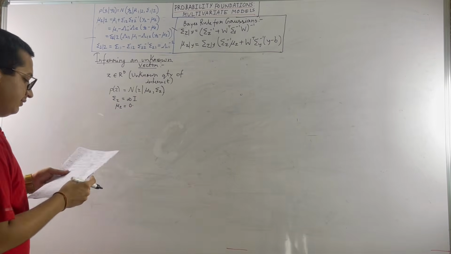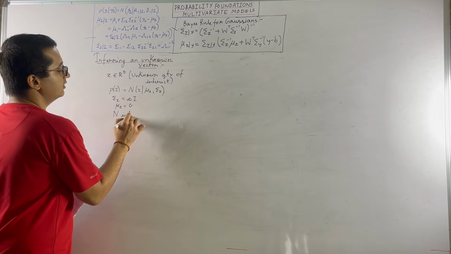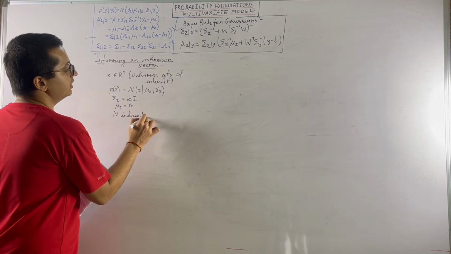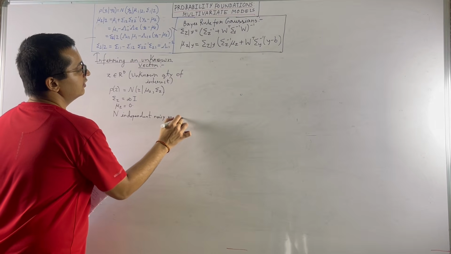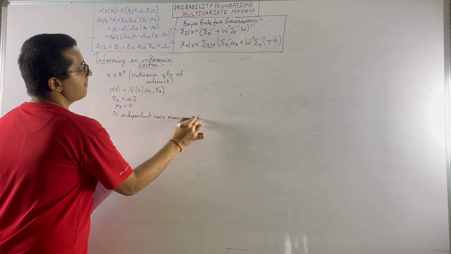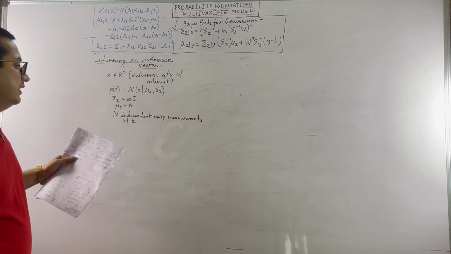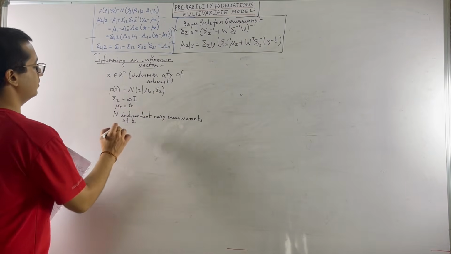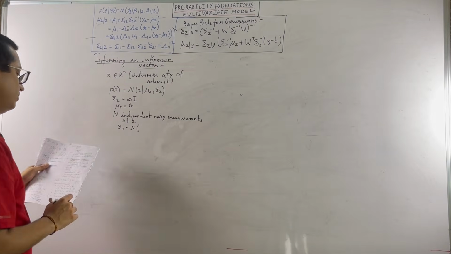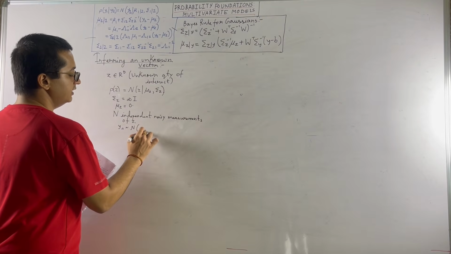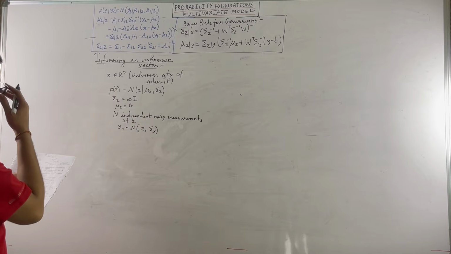Now I'm taking n independent noisy measurements of z, that is why we get n y's. For each measurement, we sample y from a normal distribution whose mean is z and the noise variance is sigma y.